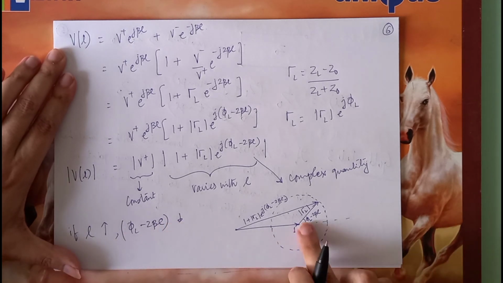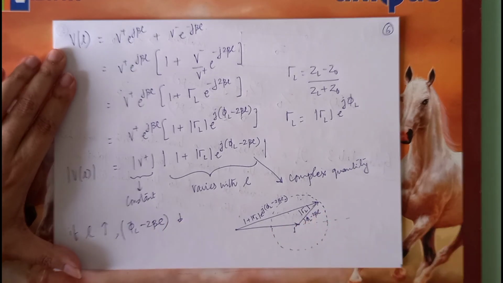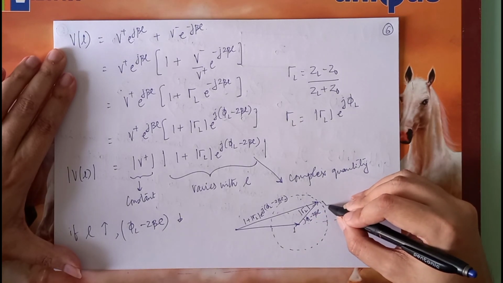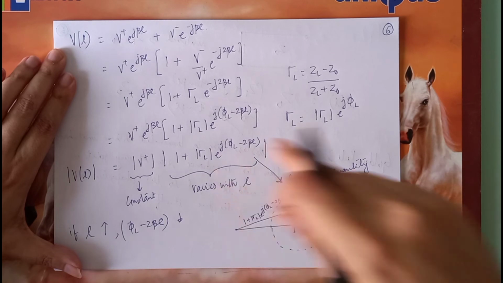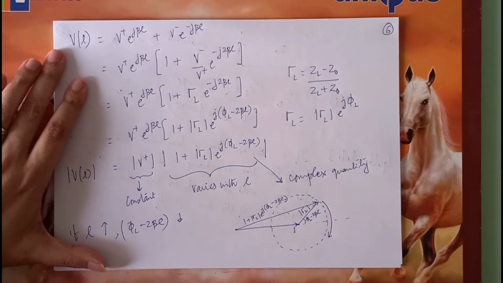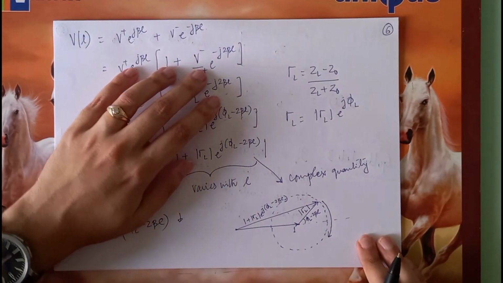That means the phase angle which it makes with the real axis would also reduce. So therefore, the vector would essentially rotate clockwise. So this is denoting the clockwise movement.